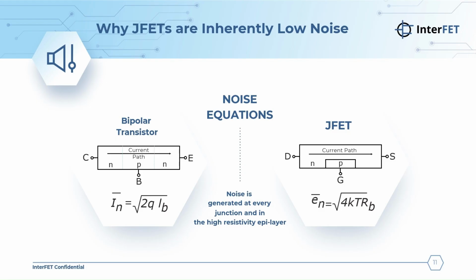In practical terms, that means a JFET can amplify signals from a sensitive microphone, a medical sensor, or a military sonar system while maintaining a clean and faithful representation of the original signal. This isn't just theory. Devices like our IF3601 are recognized as some of the lowest noise transistors in the industry. That's why designers who care about ultra-quiet performance, whether in a recording studio or a submarine, still rely on JFETs as their go-to device.